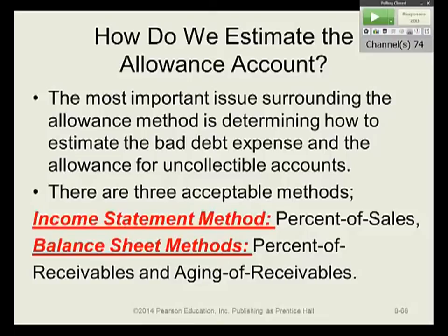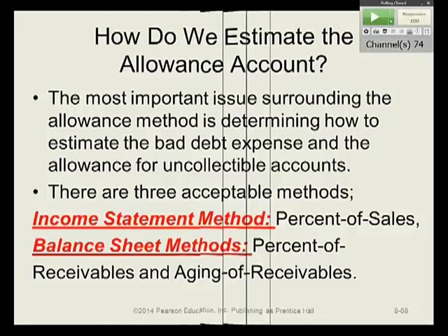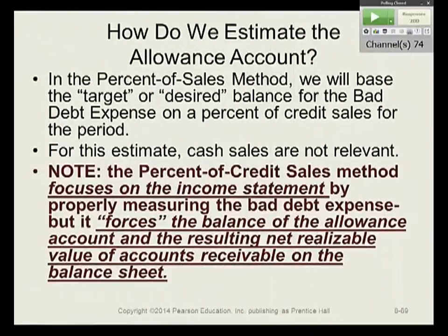I mean, the number I put in here as a debit to bad debt expense has to affect the allowance. Or if I put a number in that I need for the allowance account, it's going to affect the expense. So when we take a look at these different methods, the theory or the logic behind them is that we have income statement approaches and we have balance sheet approaches.